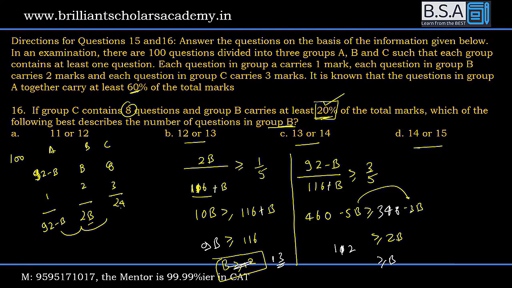This plus B also goes here, so this becomes plus 3 as well. So it becomes 8B. So 112 is more than 8B. Divide 112: 1 times 8, carried over 3, 4.